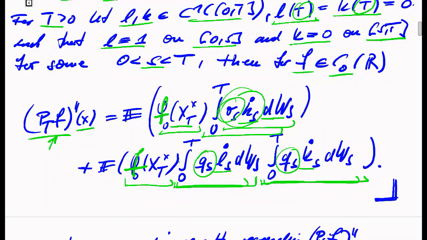And what we see from this formula, okay, why is this formula significant? Again, it is significant because it represents this second order derivative, which is ultimately a derivative perturbation with respect to the initial position, as an expectation which involves nothing from the function f except its actual evaluation, no derivatives or whatsoever, although this deals with the second derivative on the left-hand side.